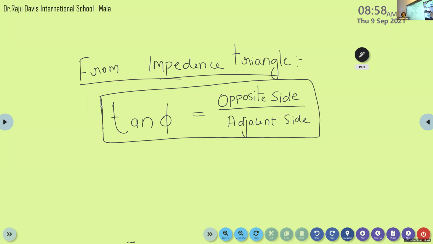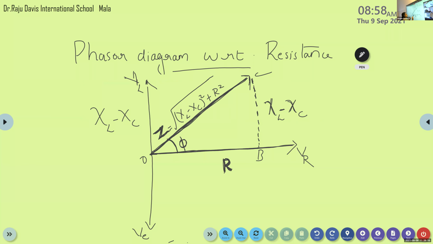Normally, the tan angle is used to find the direction of any physical quantity in physics. Similarly, here we want the direction of current, so we consider the tan angle. Here the angle is phi, the angle between the resistance and the impedance.